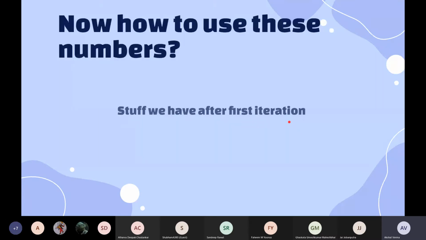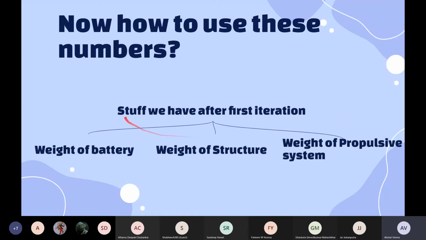So how do we use these numbers? What have we got from the first iteration? We have got a preliminary weight of battery, the first weight of battery, which we obtained from the equation which we saw in the slides. We have also got two more things, that is the weight of structure and the weight of propulsion system. How have we got them? We know from the historical database the ratios.